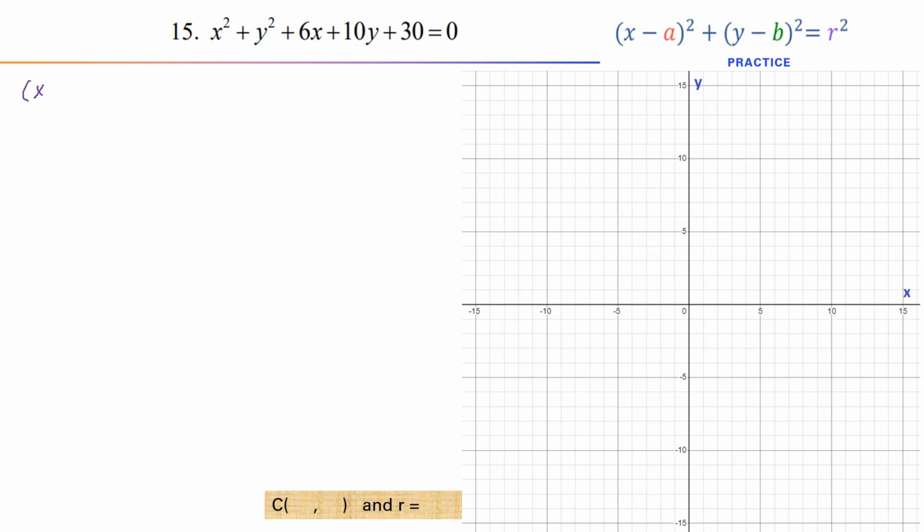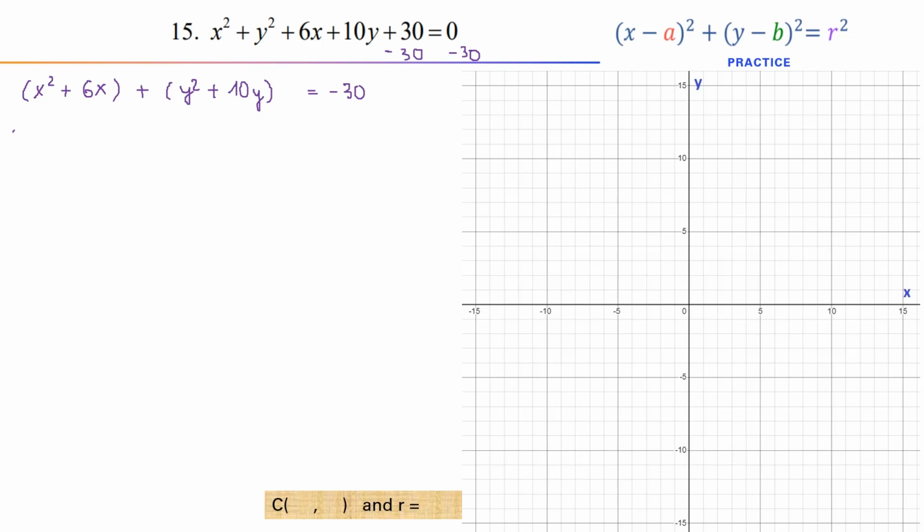This will be x squared plus 6x plus y squared plus 10y, and we subtract 30 from both sides. So this will be negative 30 on the right hand side.